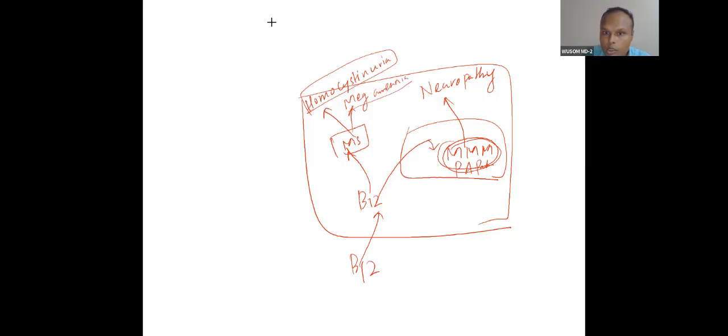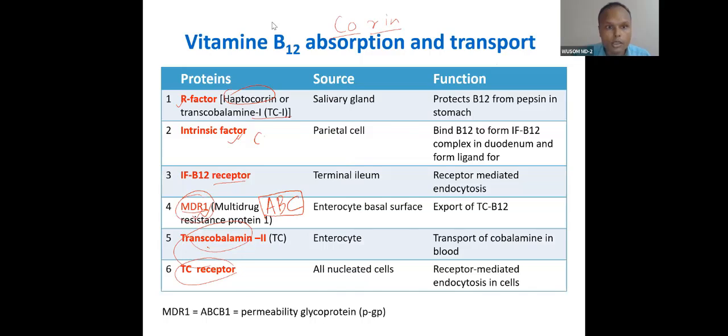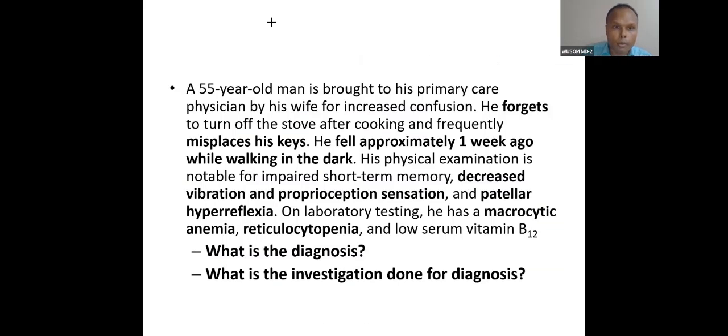Neuropathy happens because of high MMA, high methylmalonic acid. So remember, this MMA is associated with MMM, and this is associated with homocysteine. Methionine synthase is associated with M and S. So remember this 2 and this 2. If you remember, you will remember the whole disorders of vitamin B12. These are very important. So let's talk about this concept.